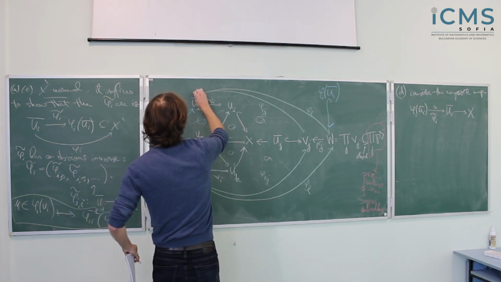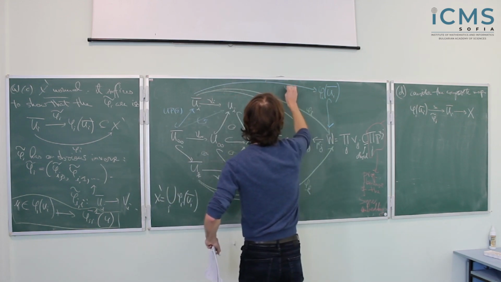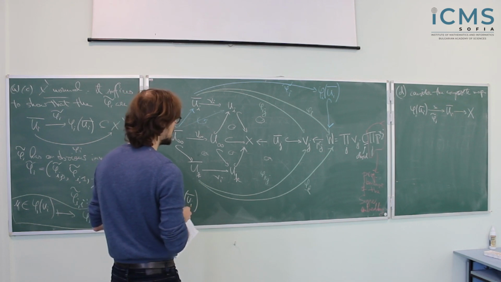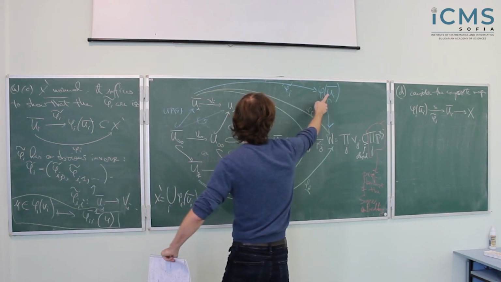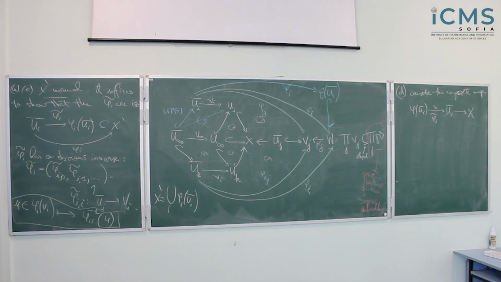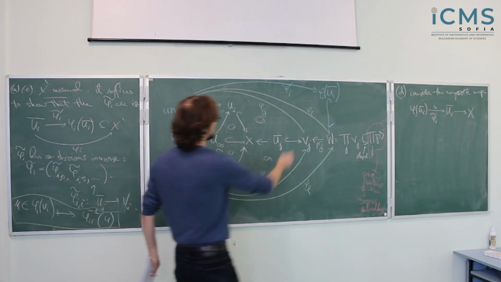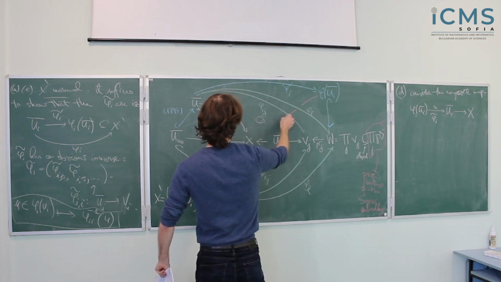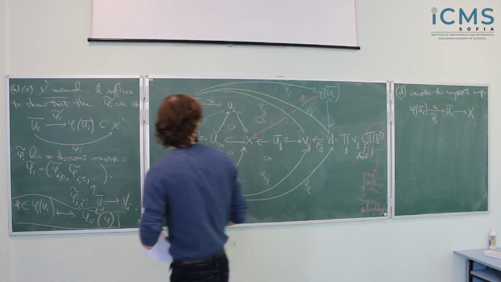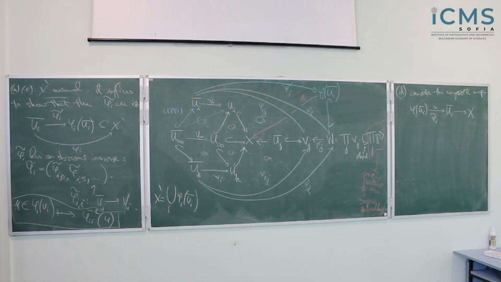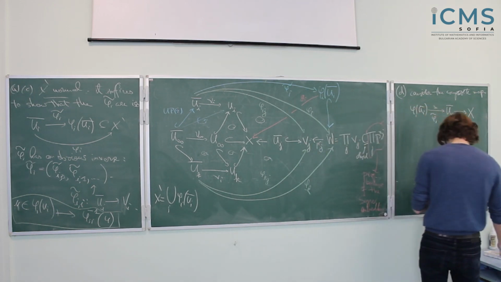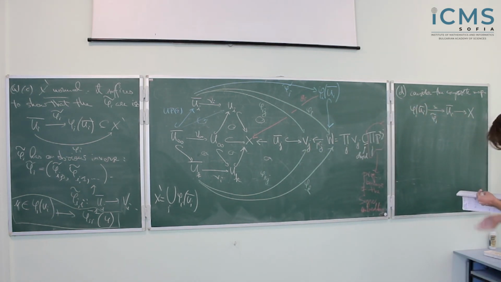And okay, this is just phi tilde. The final map we consider is just one coming from here to here. This is map J I, and we have the same one on the other side. Okay, I won't provide that here.